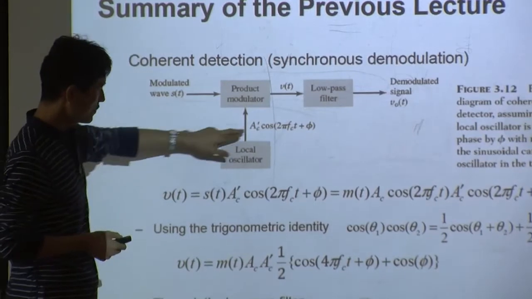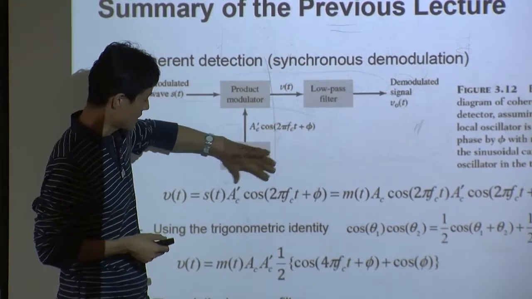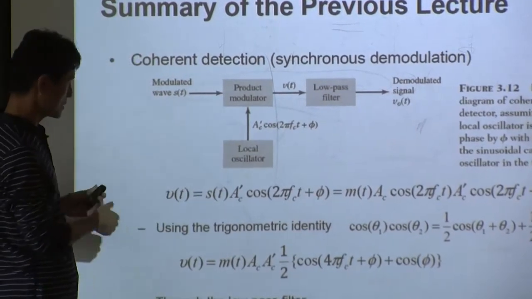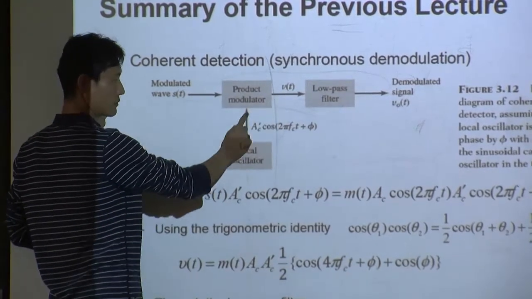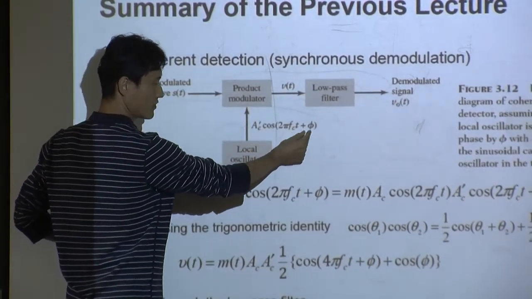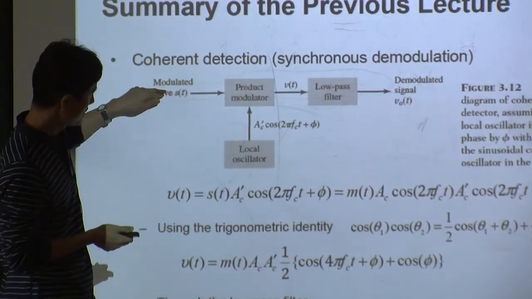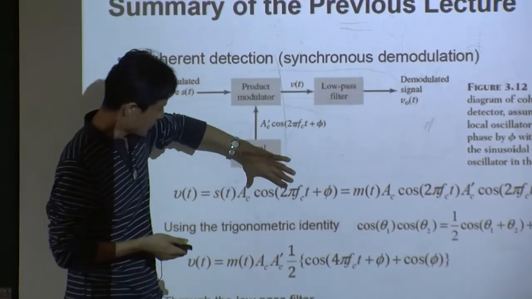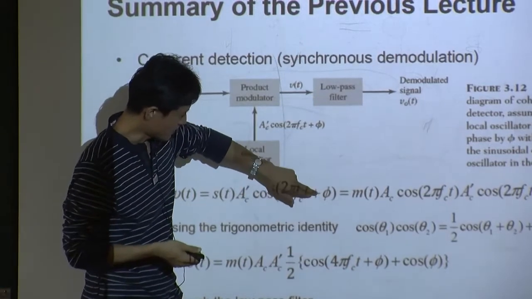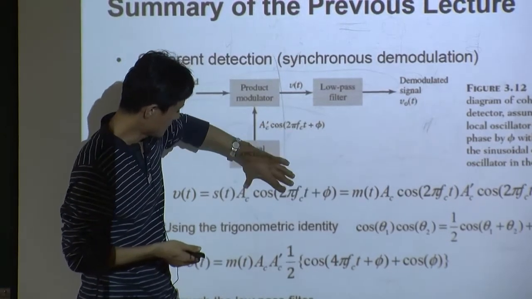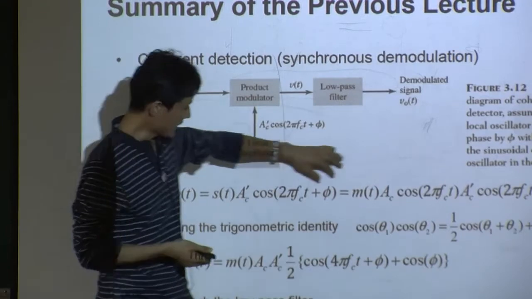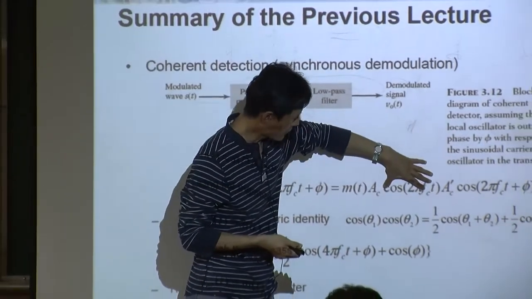Therefore, if you have a certain phase mismatch, then mathematically we can write it this way. Here v(t), you are multiplying by a cosine with a certain phase mismatch. So you have s(t), which is the incoming signal, times cosine 2π f_c t plus φ, right? But s(t) is the same as m(t) times cosine carrier.